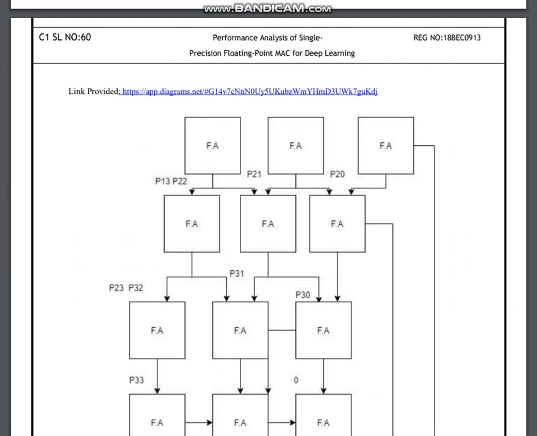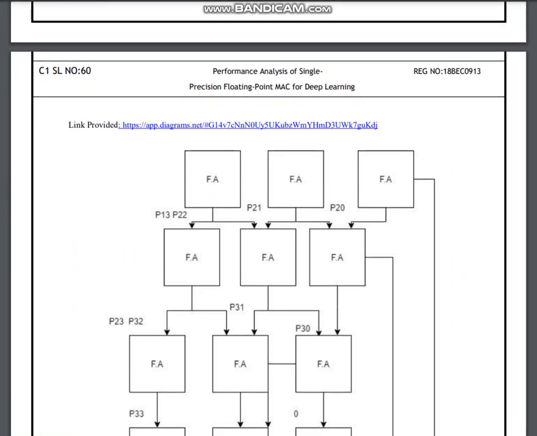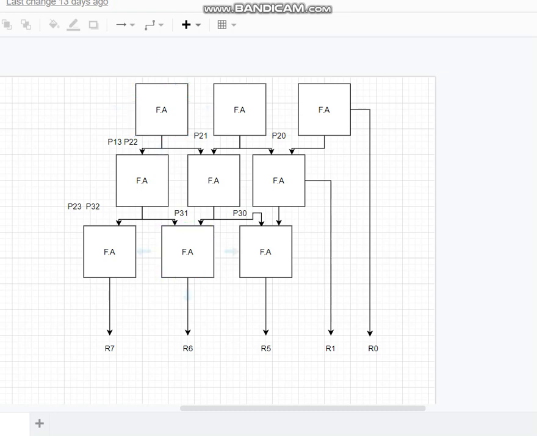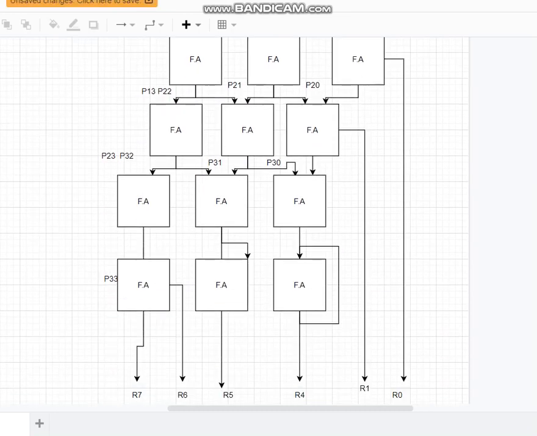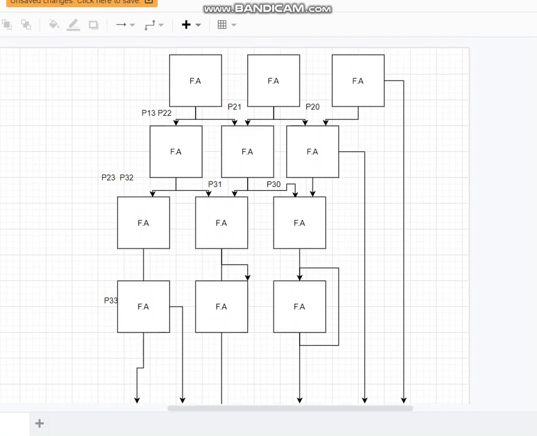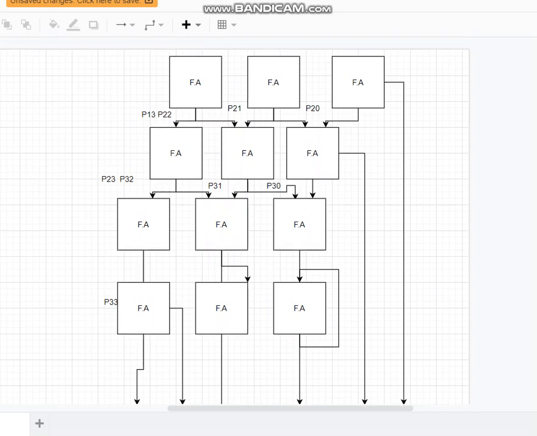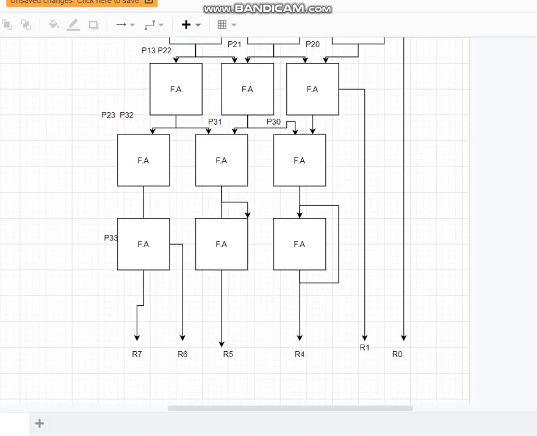This is the diagram that I have constructed in draw.io, and this is the same architectural design in depth as shown here. These blocks have different port numbers as you see on the screen, and they are connected, and finally all the values have been stored in the register.